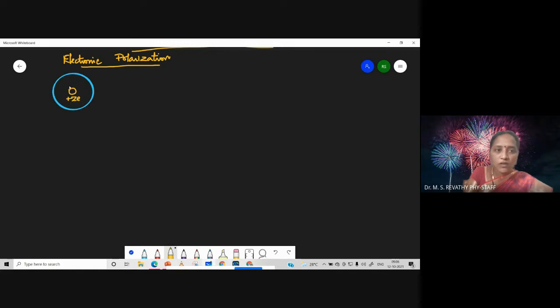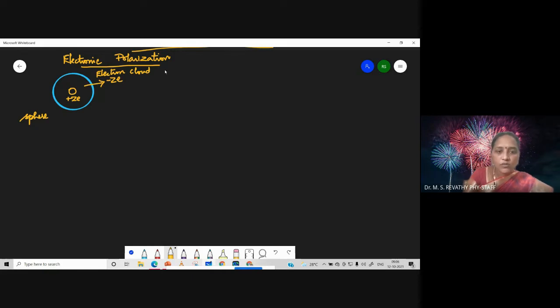This portion is called the electron cloud, with charge -Ze. The nucleus contains positively charged protons and neutrons, and all the electrons revolve in orbits around it. The orbits and electrons together are said to be an electron cloud, and the shape of the atom is considered to be a sphere.